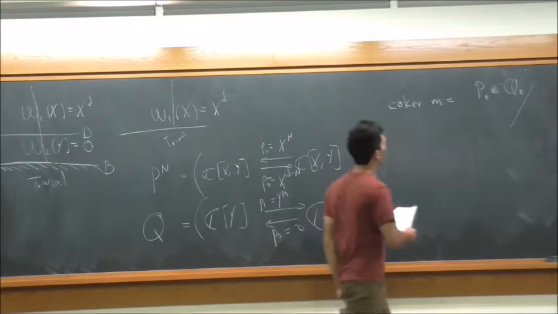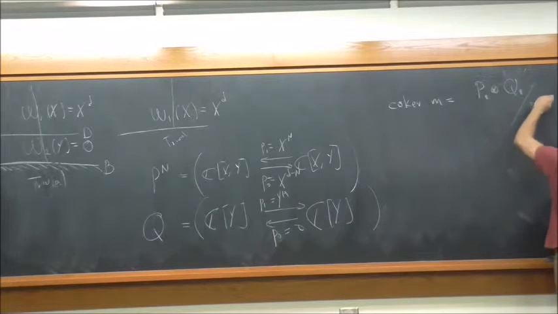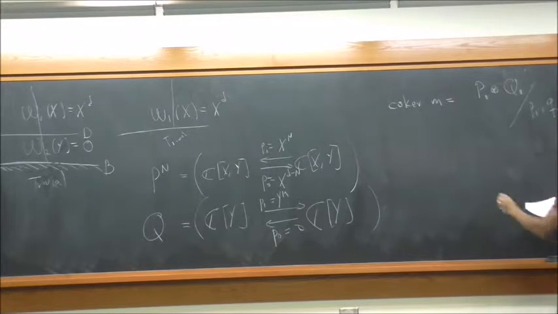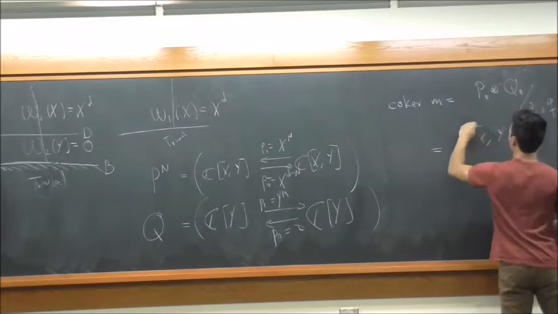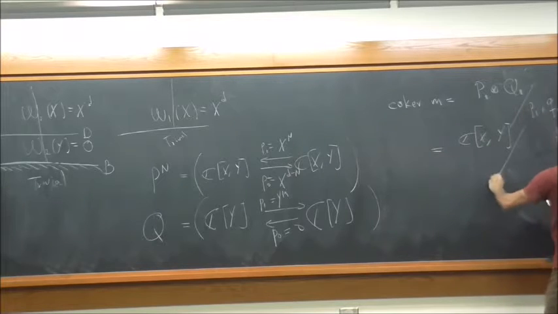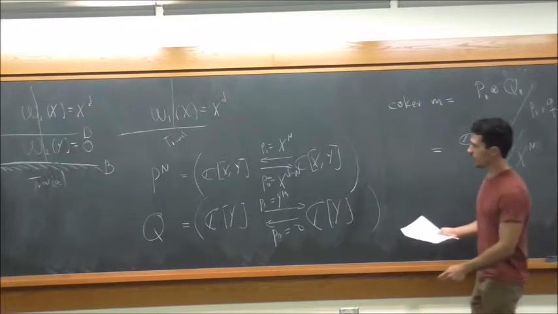So we're going to mod out by P1 here and by Q1 here. Okay, so what are P0, Q0? It is C[x,y]. And what is P1? P1 is x^n. And Q1, sorry, Q's.